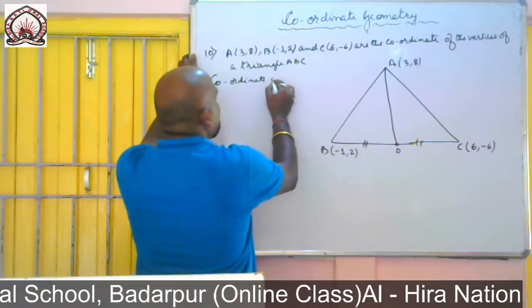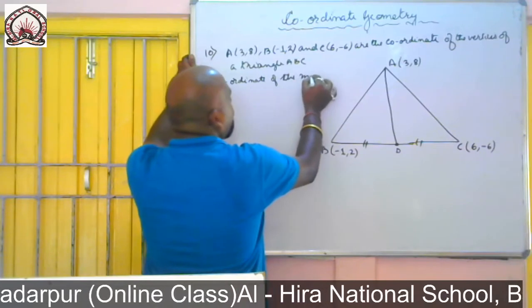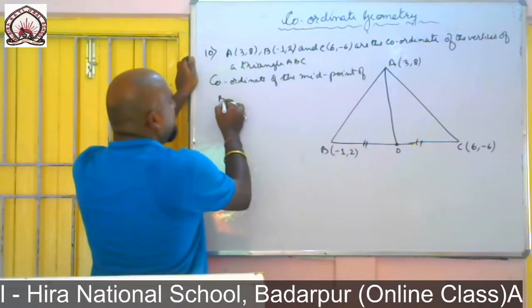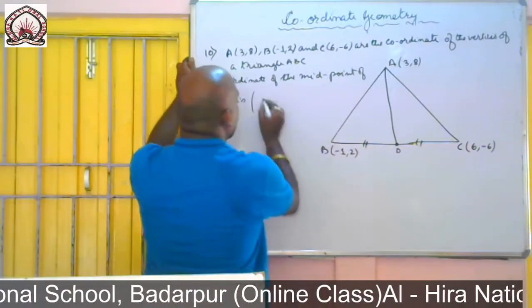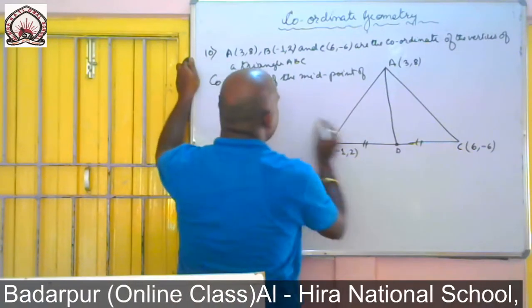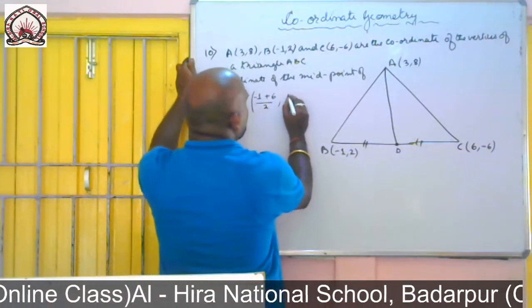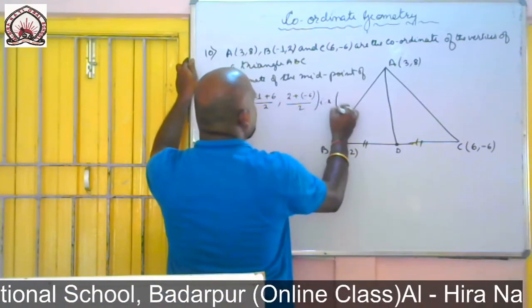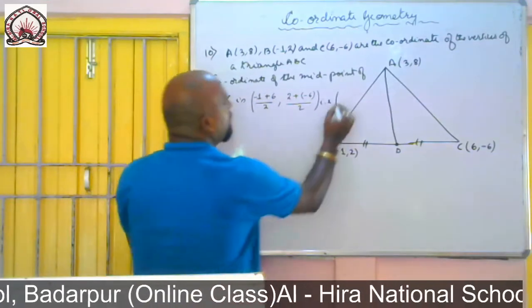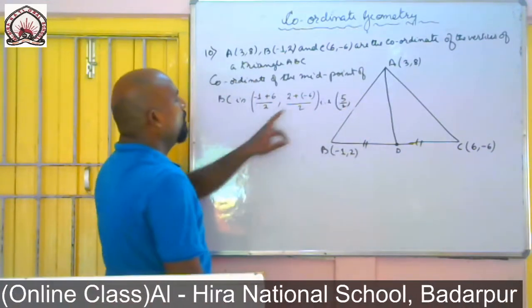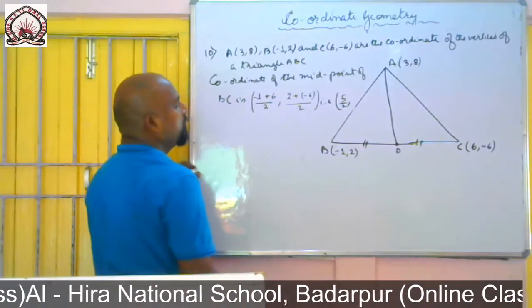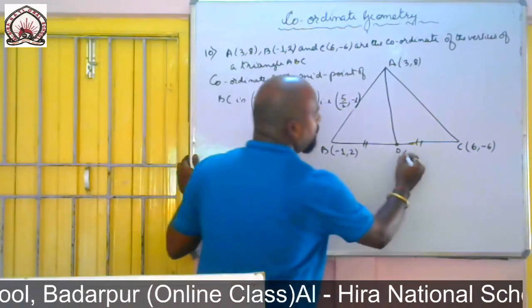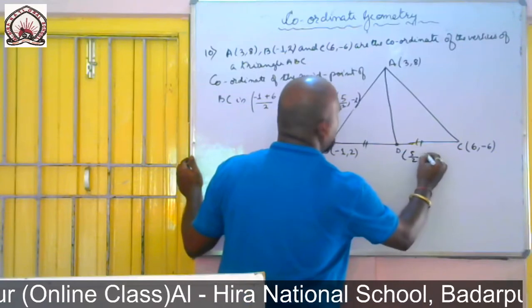The coordinate of the midpoint of BC is (minus 1 plus 6) by 2, (2 plus minus 6) by 2, that is 5 by 2, minus 4 by 2, that is equal to minus 2.